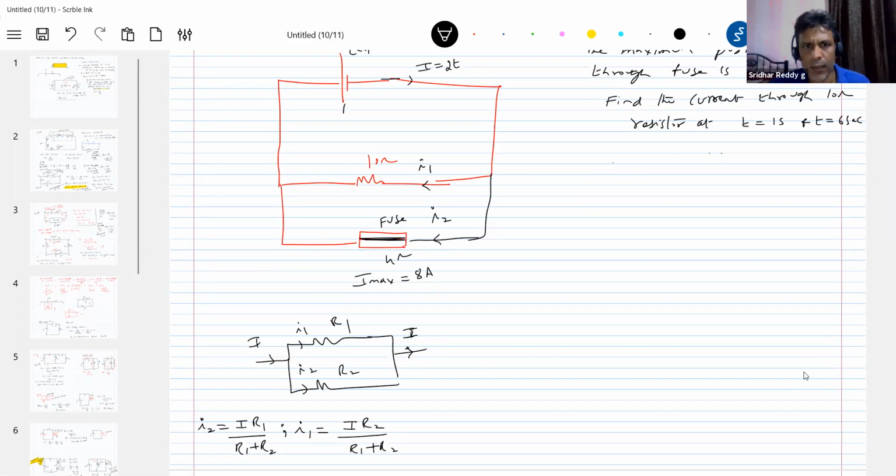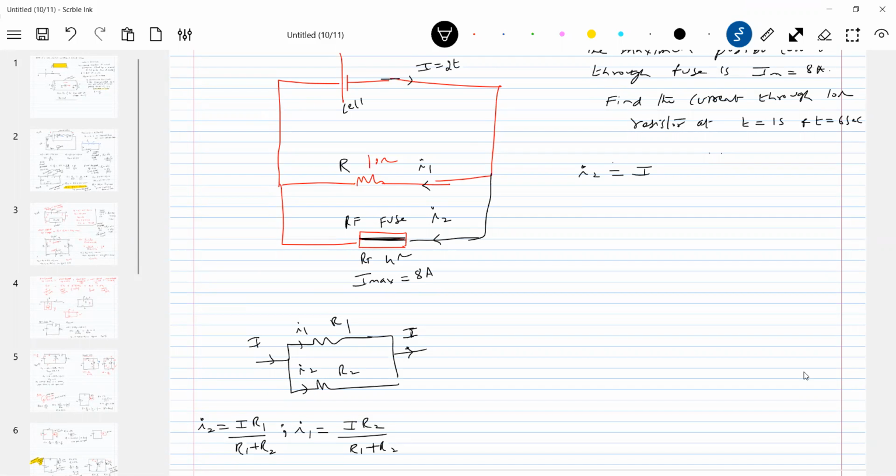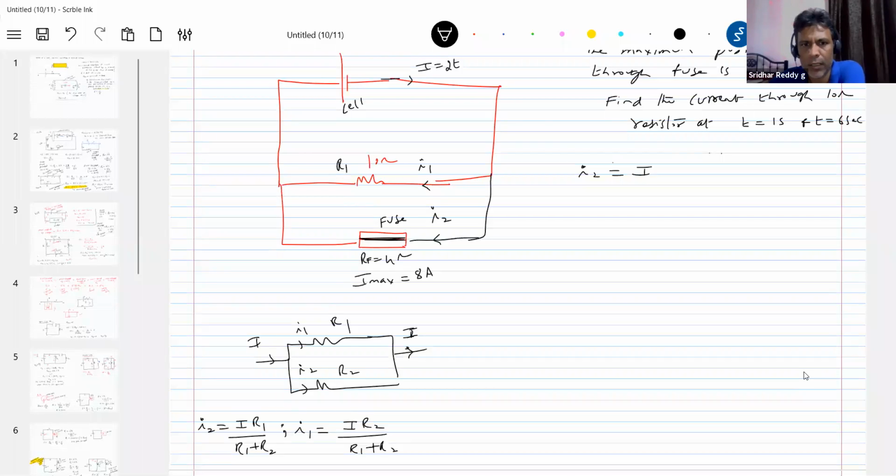Okay, this is the cell. At what time will the fuse burn out? Shall we work it out here? I2 is equal to I into, calling the resistance of the fuse RF, which is 4 ohm, and some R1, I into R1 by R1 plus RF.